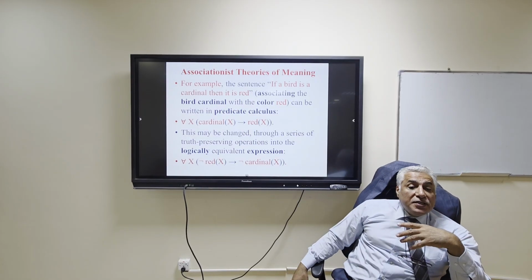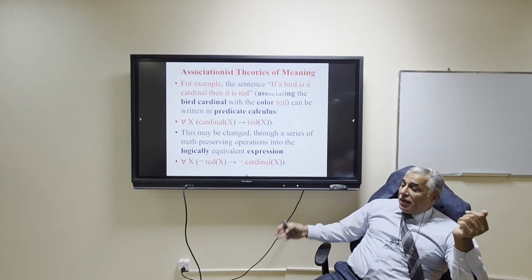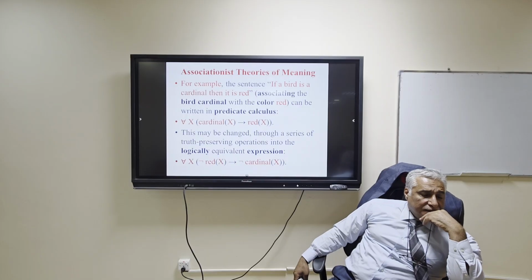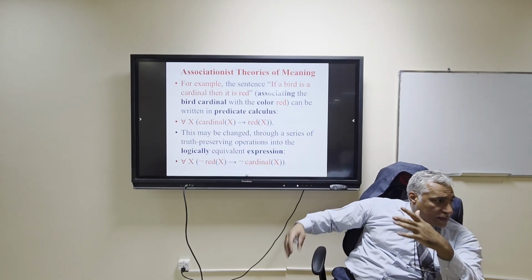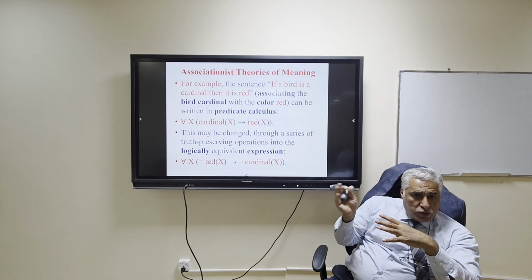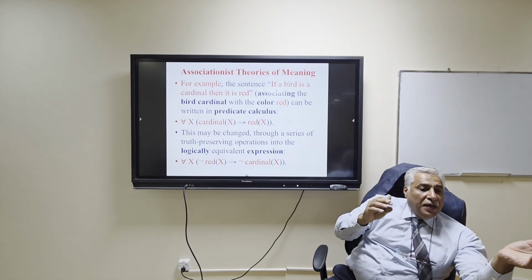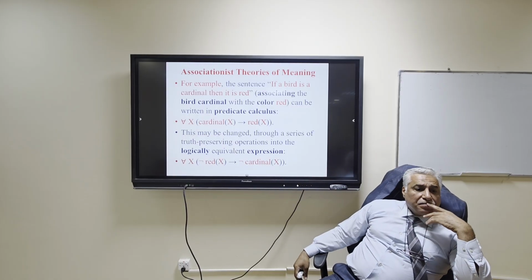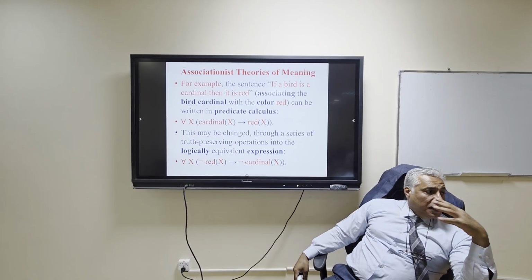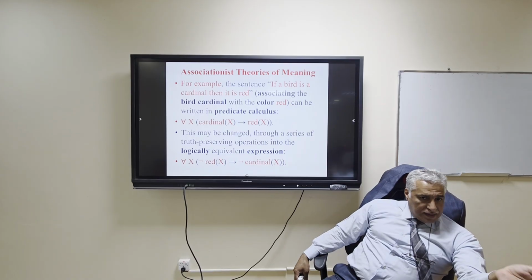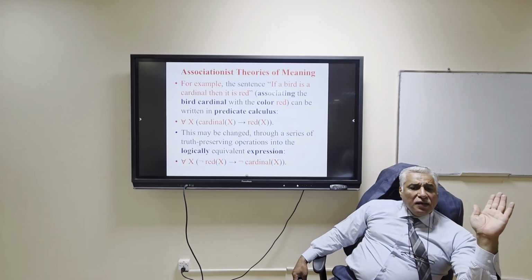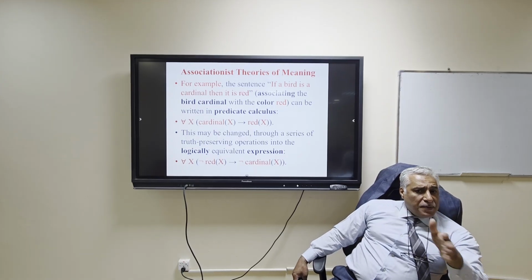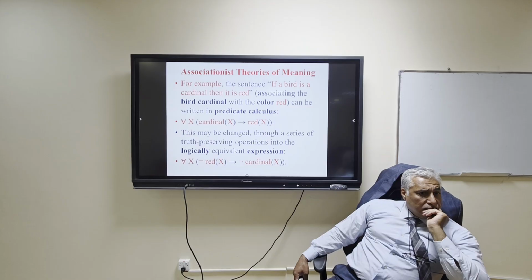And these examples must be solved. This manner of representation, because we use predicate calculus to represent these two subjects and the concepts of the bird and the color, falls into a mistake. For example, if the paper is red, is this paper a cardinal?